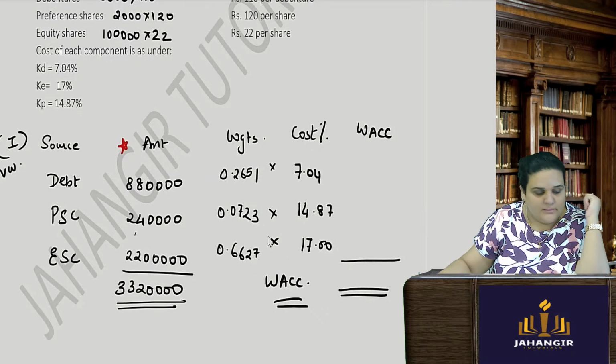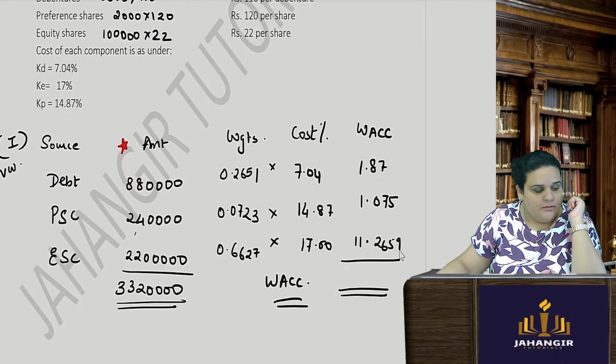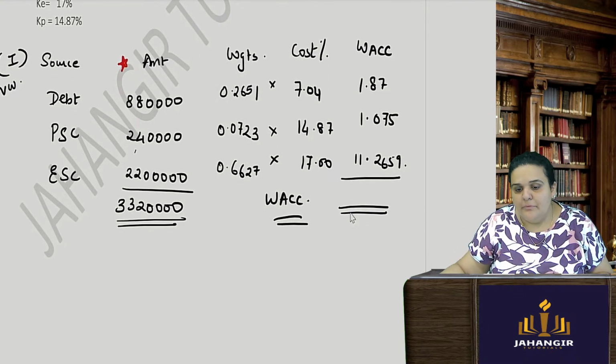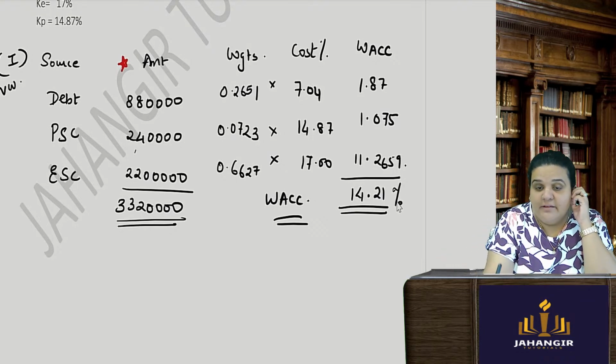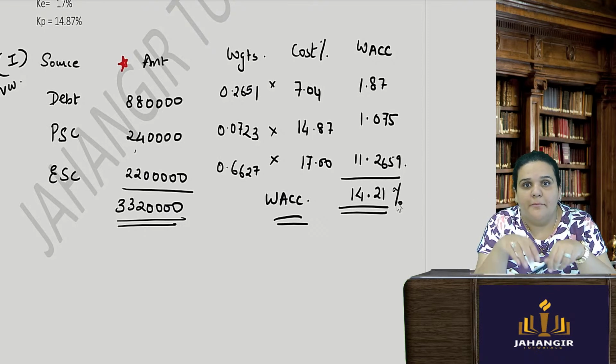Multiply them with the cost they have given and find the answer. Okay. This is 11.2659. So the total weighted average cost of capital is 14.21%.